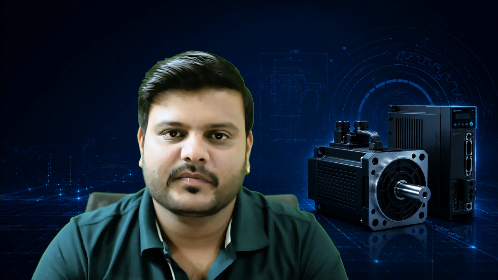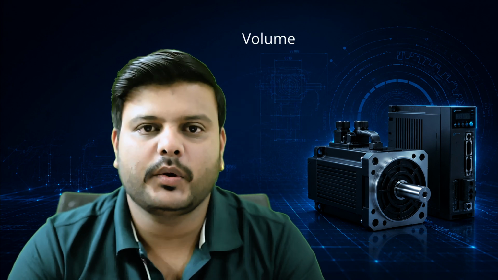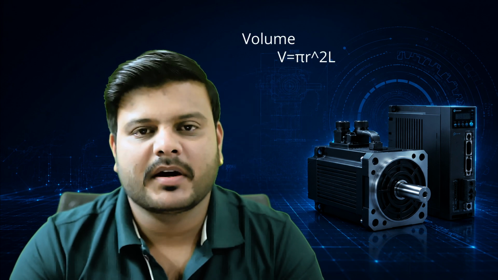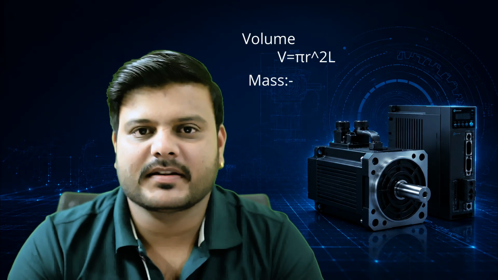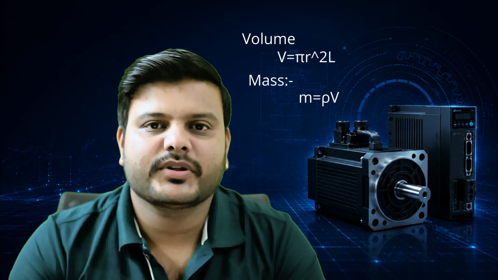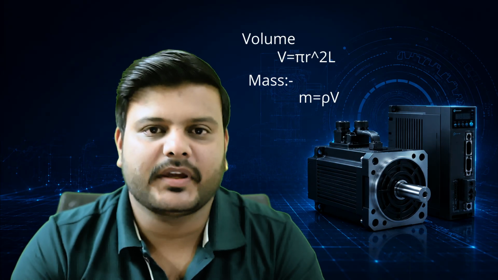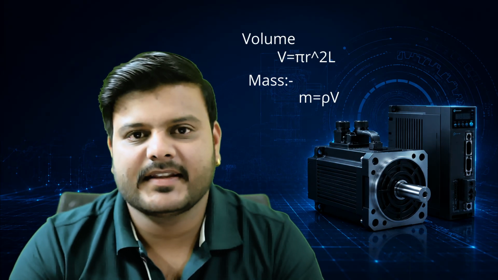Let's start from the ball screw inertia calculation. Instead of guessing any values, start calculating from geometry. We know volume V is equal to pi r square multiplied by L, and mass M is equal to rho into V, where rho is density.